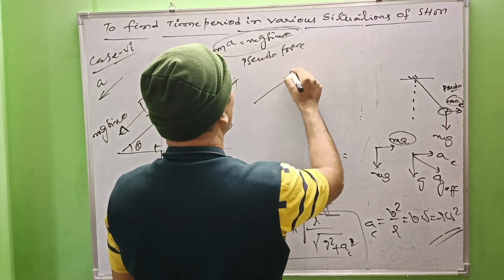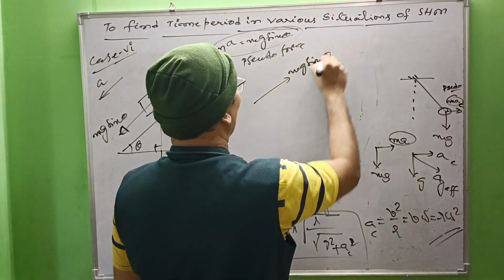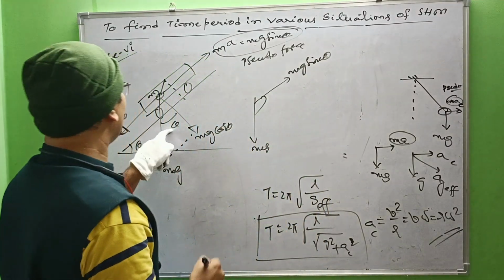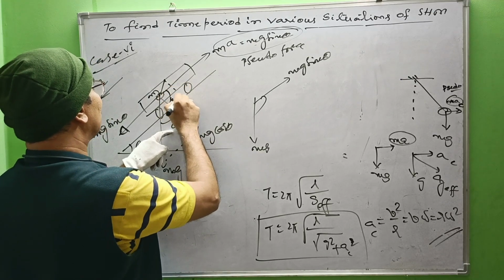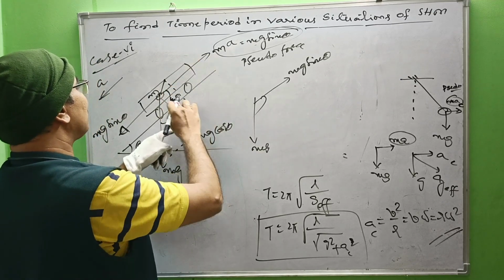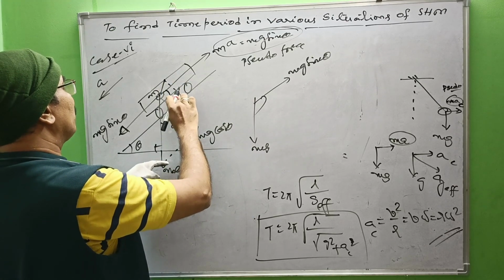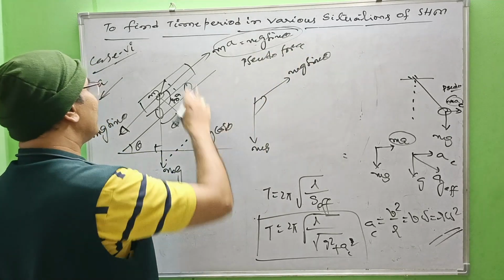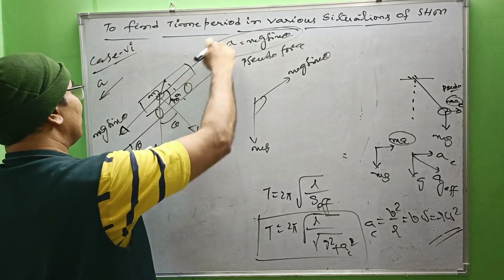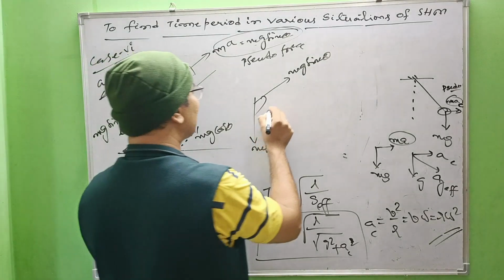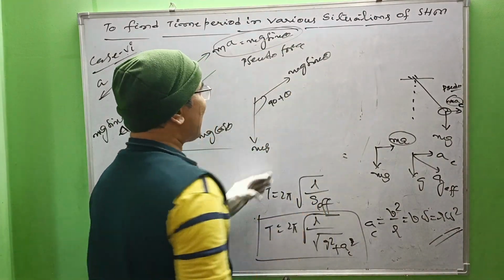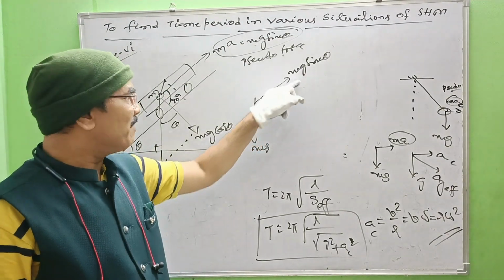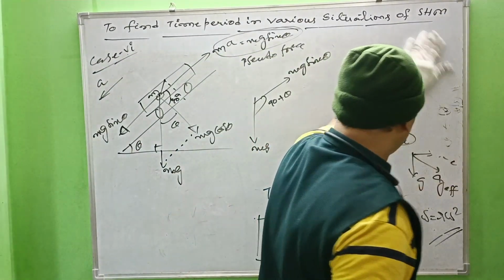See, this is mg sin theta. This is mg. Now what is the angle between these two? See, theta plus 90. Here it is 90 degrees. So these two vectors are inclined at an angle of 90 plus theta. 90 plus theta is the angle between the real force mg and the pseudo force mg sin theta.